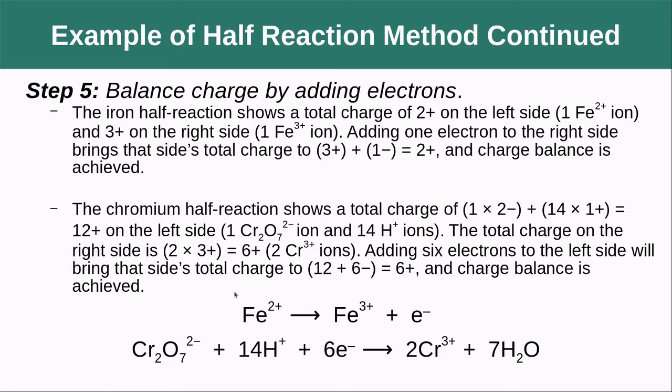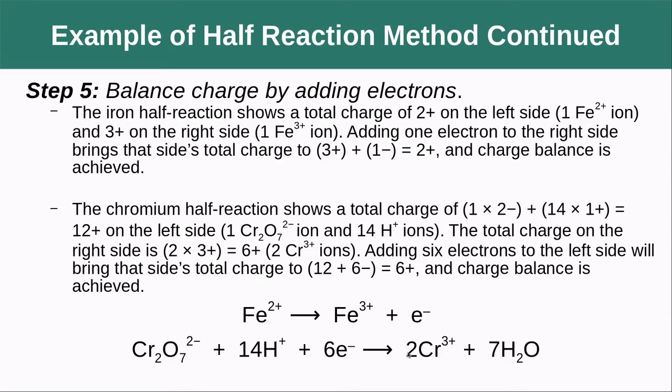You can see on the left-hand side of this equation, we have a +2, just the one iron there. If we have +3 here, we need to add one electron with a negative charge. So we have +3 minus 1 is the same as the +2 over here.